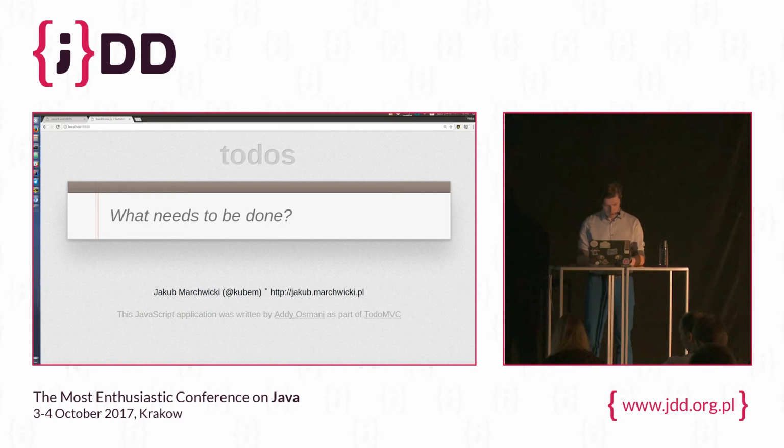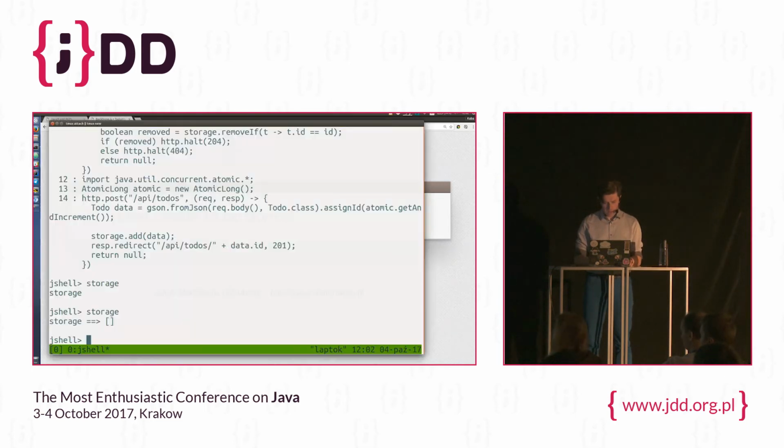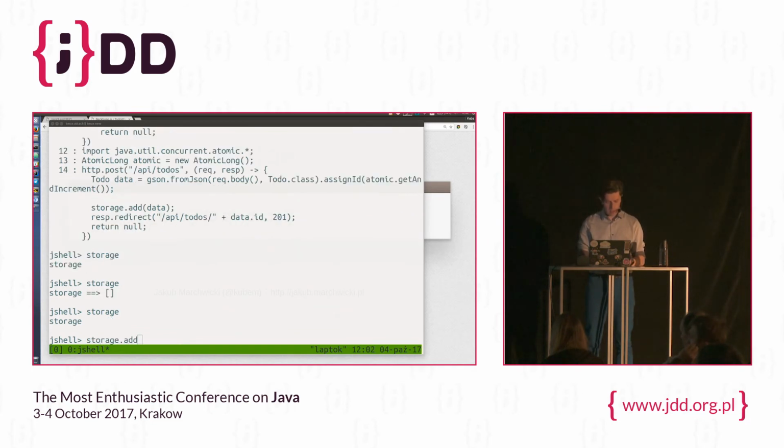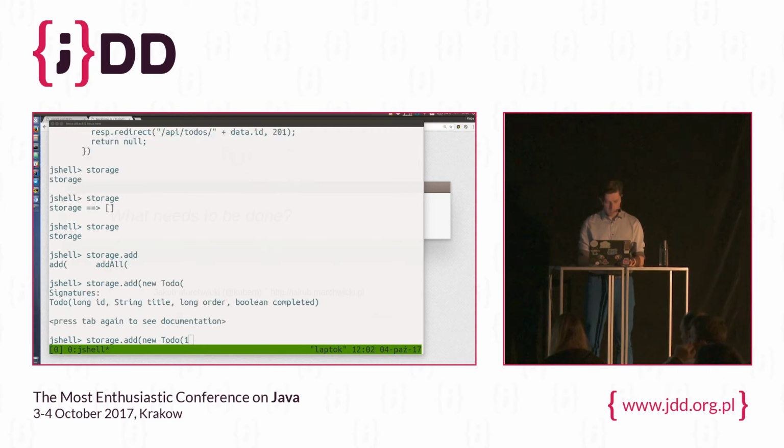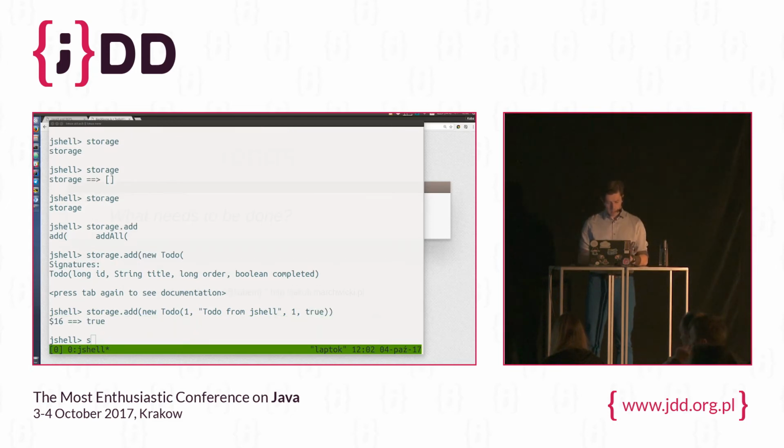I have a storage, which is a queue, and to this storage I can add a new to-do, which takes some parameters. It has an ID and to-do from JShell, and it will be the first one, and it will be completed. So I can add a new element.